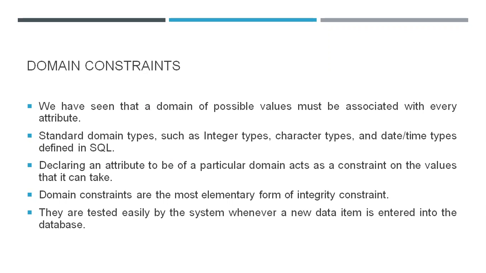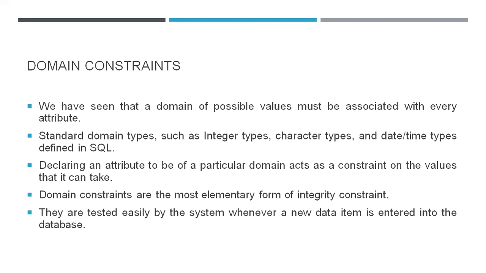Any value of a particular attribute which is apart from the given domain is not accepted. So declaring an attribute to be of a particular domain acts as a constraint on the values it can take. The domain type of a particular value must match the attribute.